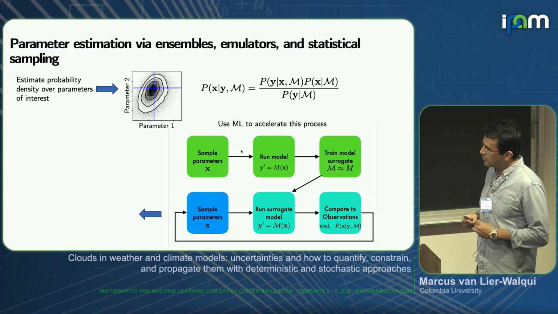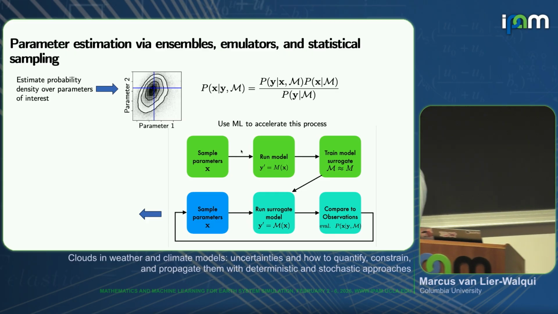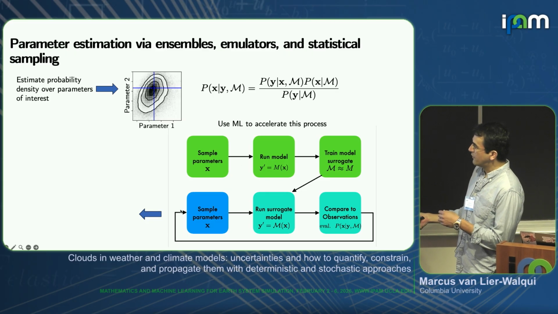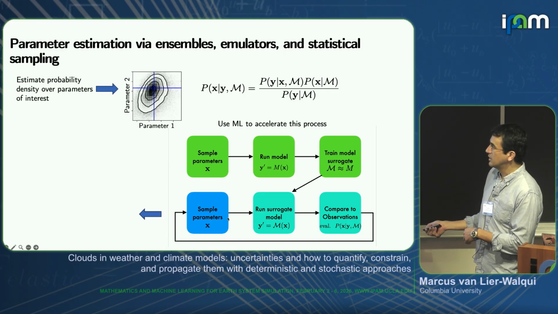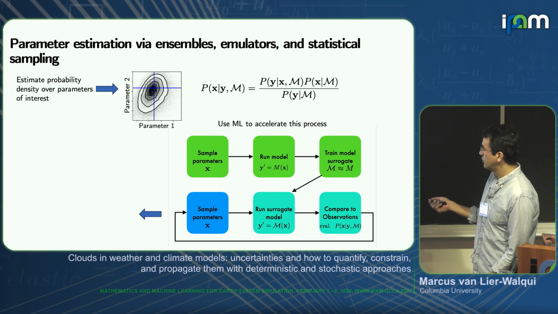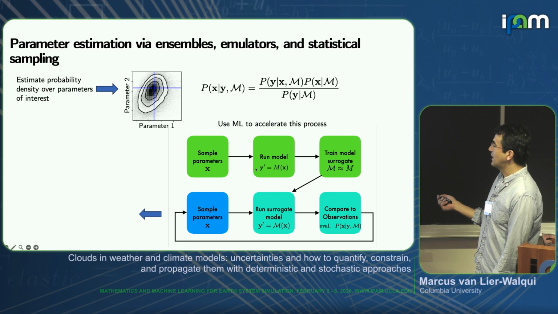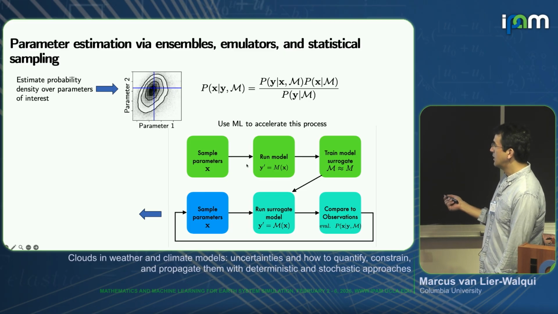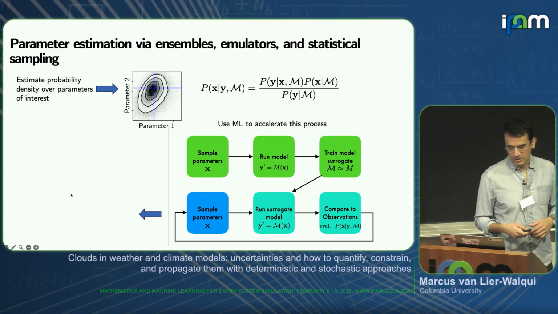And then we use machine learning to accelerate this process, right? Normally for Markov chain Monte Carlo to estimate parameters, we'd sample our parameters, we'd run our model, we'd compare to observations, and we'd do this like a million times. That's slow. Our climate models are very slow, so we instead first sample our parameters, run our model, and then we train a surrogate model to simulate the sensitivity of the observations to the parameters.